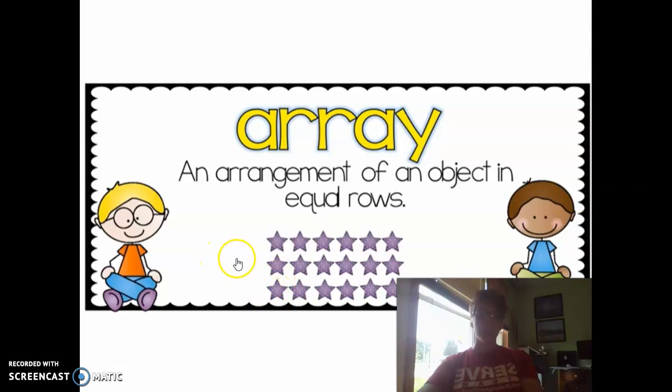So this multiplication problem is 6 times 3, because we're adding 6 3 times, or we are adding 3 6 times. We can see how we can highlight that there.